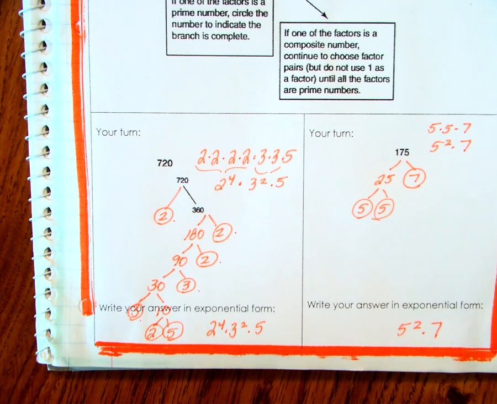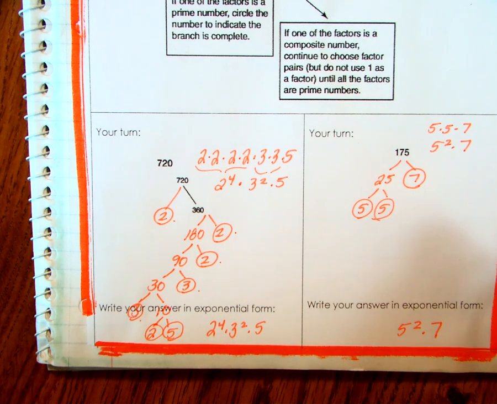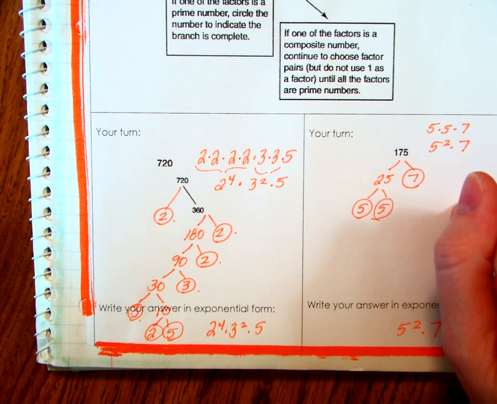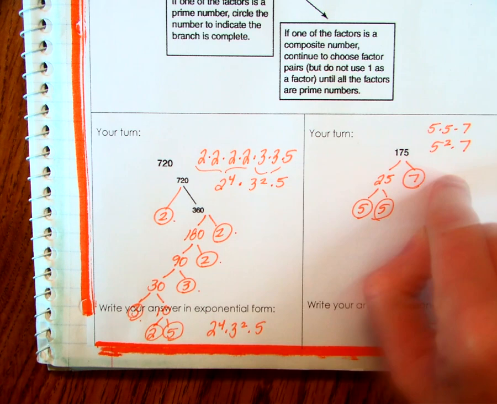How do you find the GCF? You list the prime factors of each number. Circle every common prime factor. That is, every prime factor that's a factor of every number in the set. So, who do they have in common?